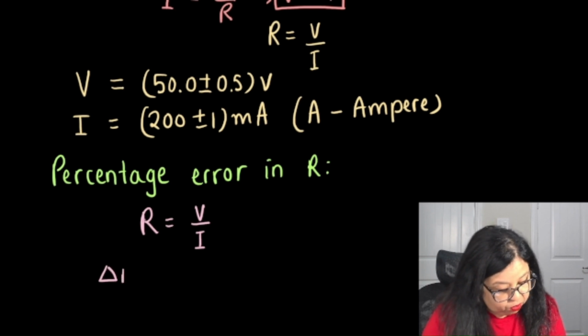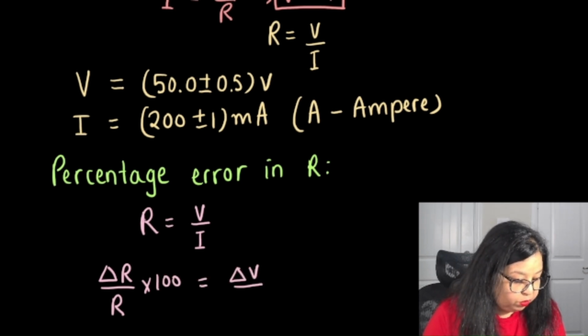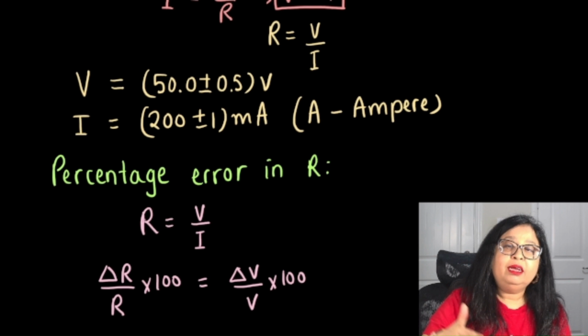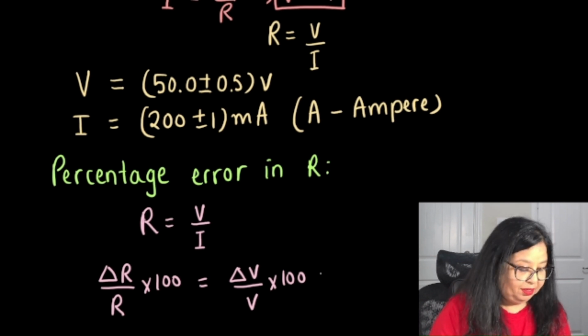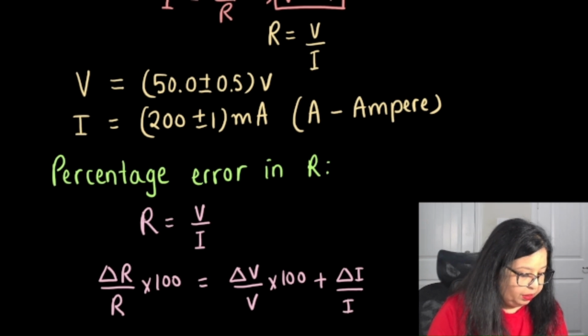The percentage error on the left hand side, which is delta R over R times 100, will be equal to the percentage error in the voltage, delta V divided by V times 100, plus the percentage error in the current.